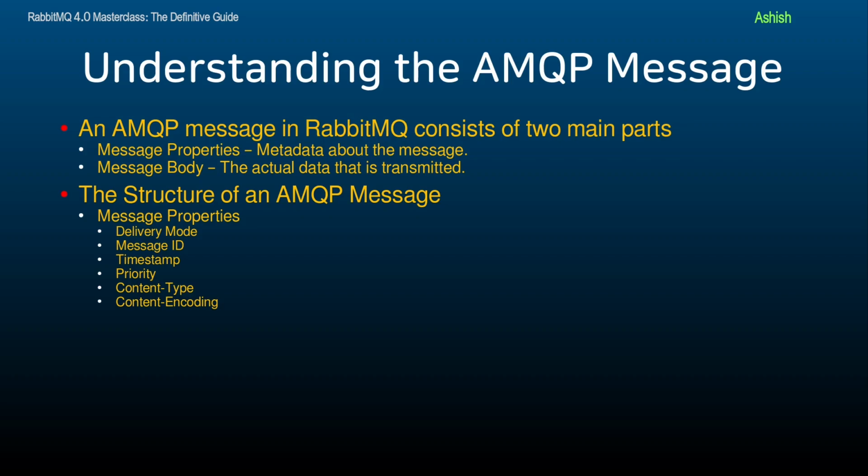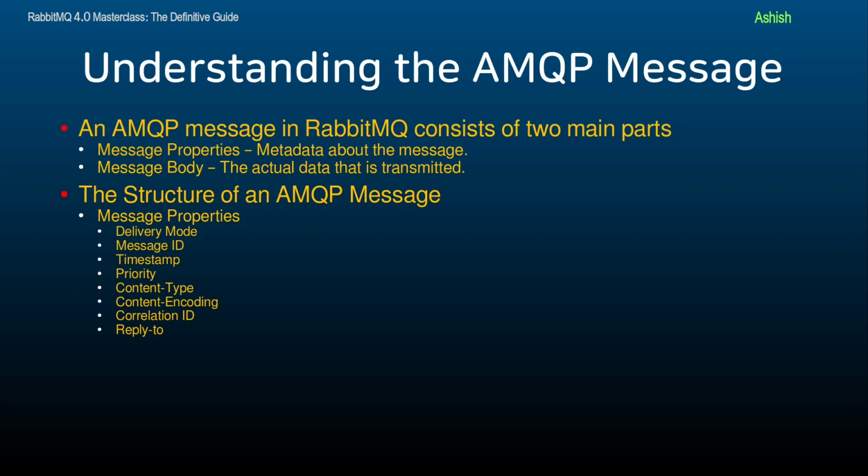It is used for compression or transformations on the message body. Correlation ID is a unique ID used to correlate requests and responses in request-response messaging patterns. For example, in RPC, remote procedure call, this is used to match a response with a request.